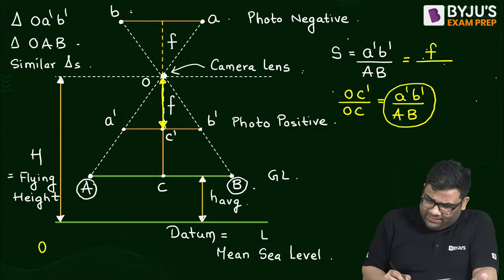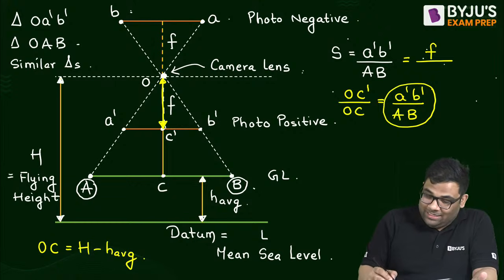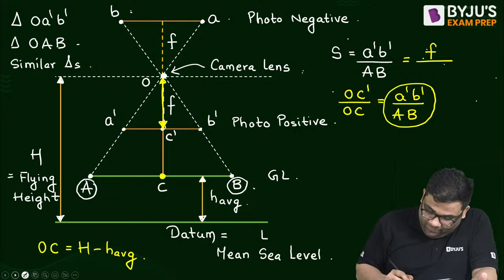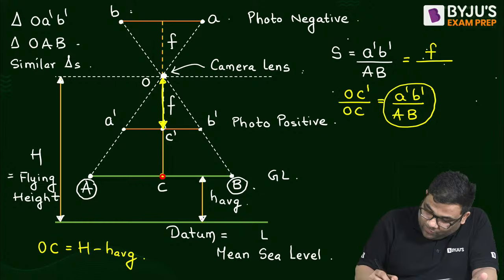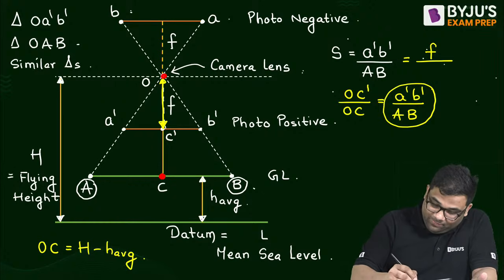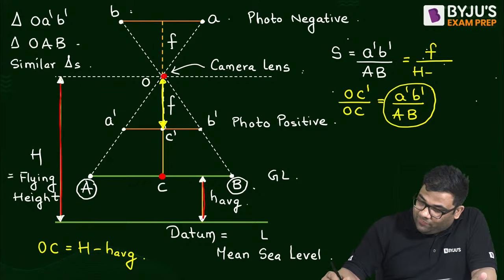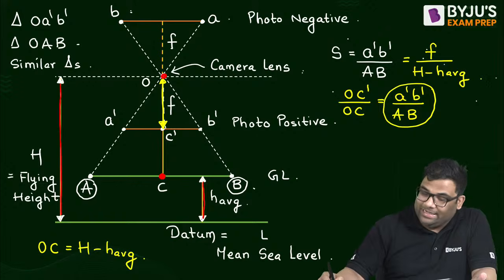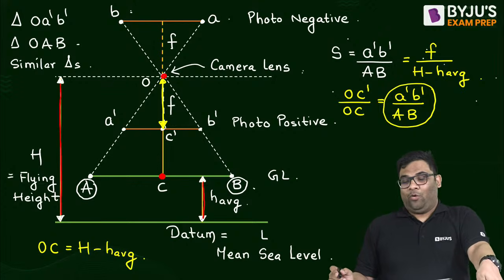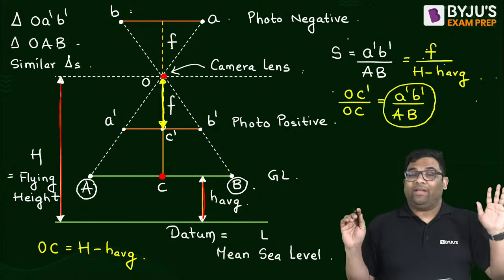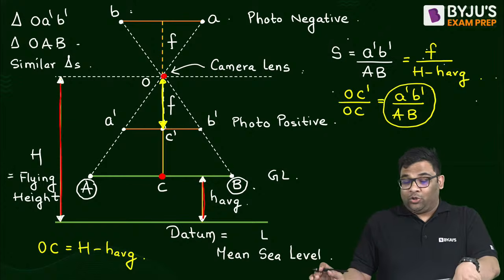I can say OC is equal to H minus H average. I will draw this OC in red. OC is this minus this. So ladies and gentlemen, this is the formula for finding the scale.